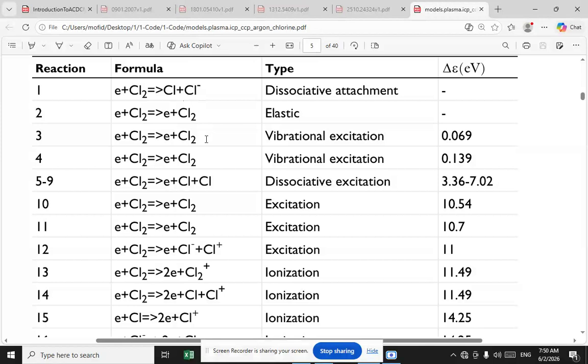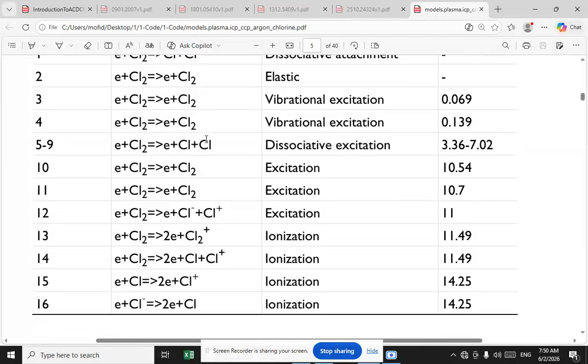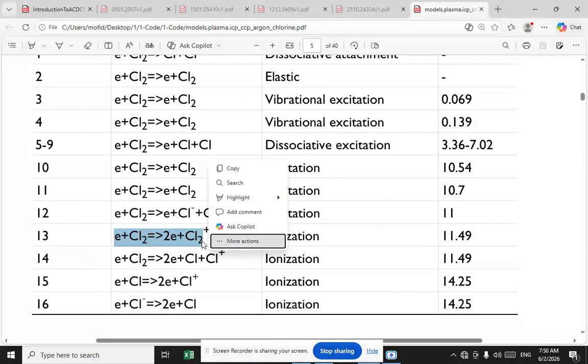Then e + Cl2 gives dissociative excitation, and e + Cl2 gives excitation, and so on. For example, we have e + Cl2 gives 2e + Cl2⁺, which is the ionization.